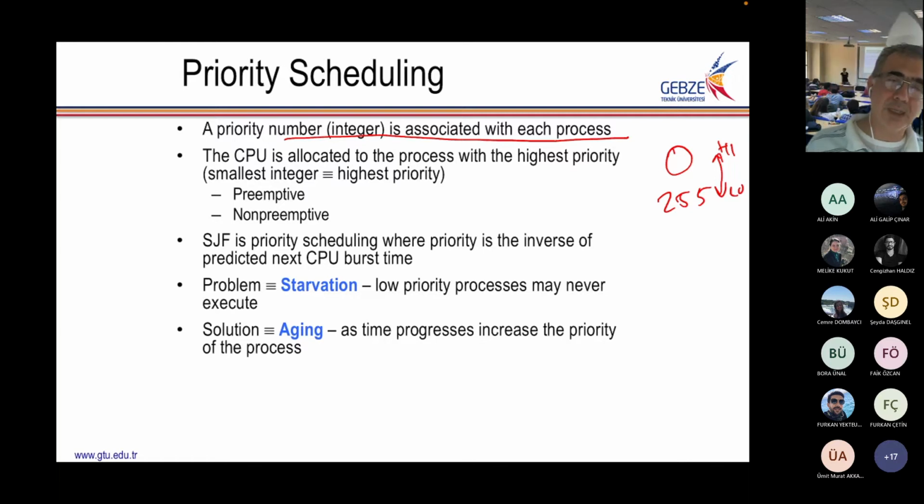In some other applications, like in Windows, you have two-dimensional priority. One is the system priority, one is the kernel priority. Each process has two kinds of priority values, and scheduling is done based on two different priority values. When we are using priority values, there are two main strategies. One is preemptive, the other one is non-preemptive.